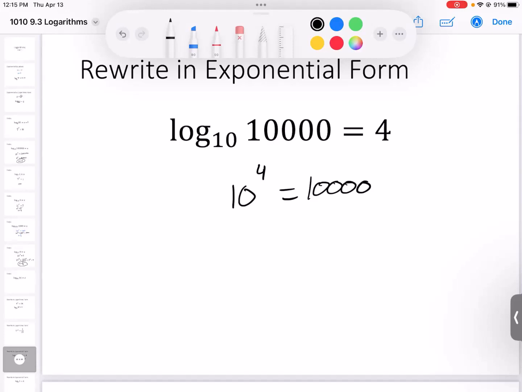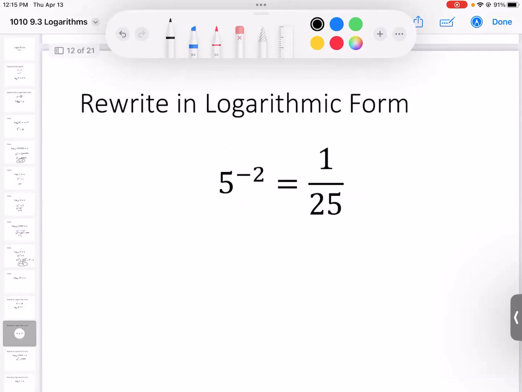So we've been doing this one a lot, so I'm not going to practice that, but let's practice rewriting this into logarithmic form. So go ahead and write this down on your paper in logarithm form, and then I'll show you what the answer is. You can check your work.